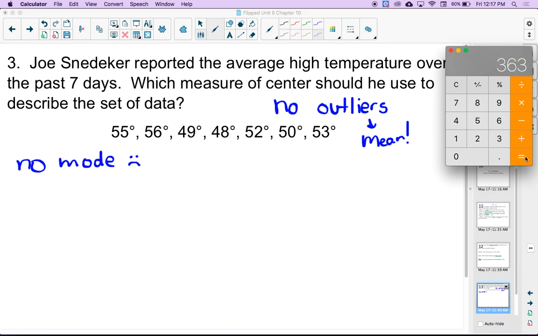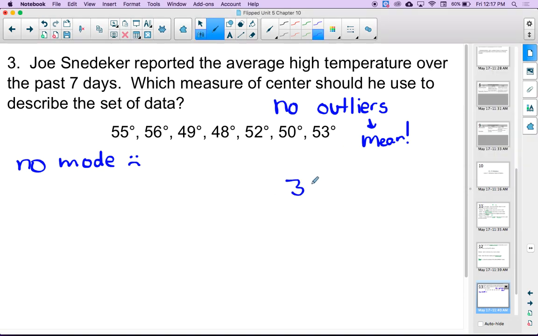We add them all up, we get 363. And we have 1, 2, 3, 4, 5, 6, 7 numbers in our set of data. So we're going to divide that by 7.